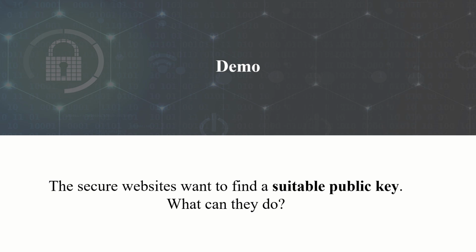Finally, let's look at a demo of how our work will help the head of the security department choose the appropriate public key. The question is, the secure website wants to find a suitable public key. What can they do?